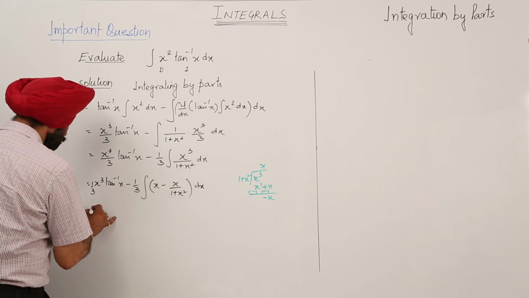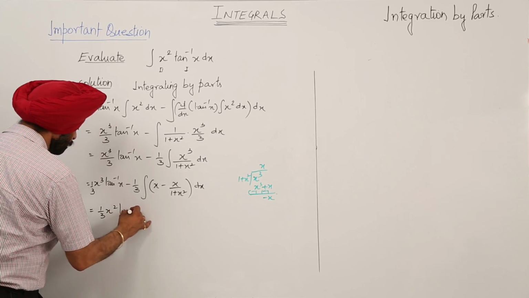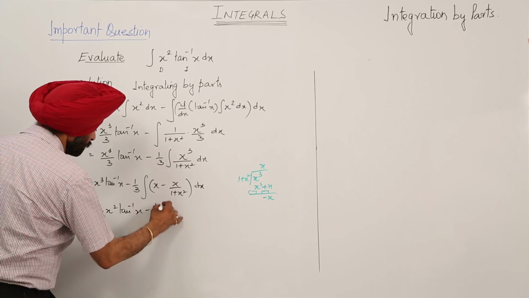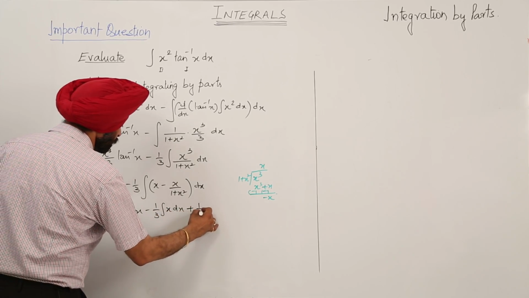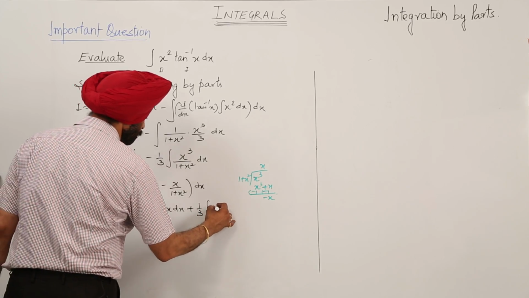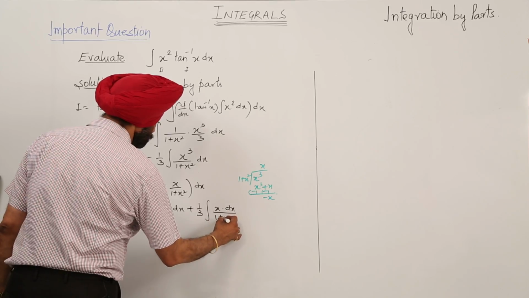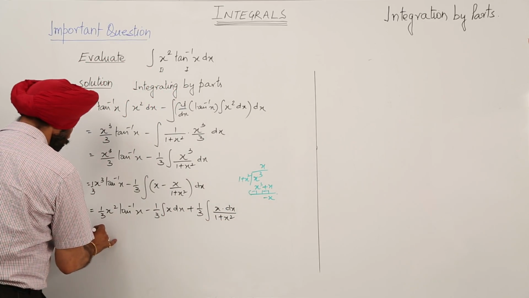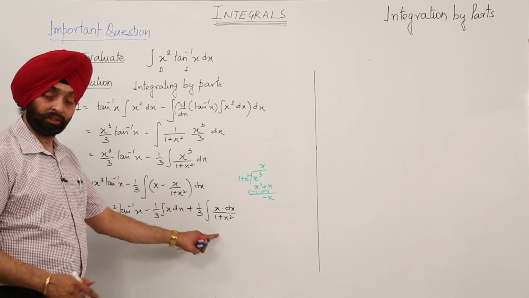Now this becomes 1 upon 3 x cube tan inverse x minus 1 upon 3 integration of x dx plus 1 upon 3 integration of x dx upon 1 plus x square. Now we have to integrate only this part.